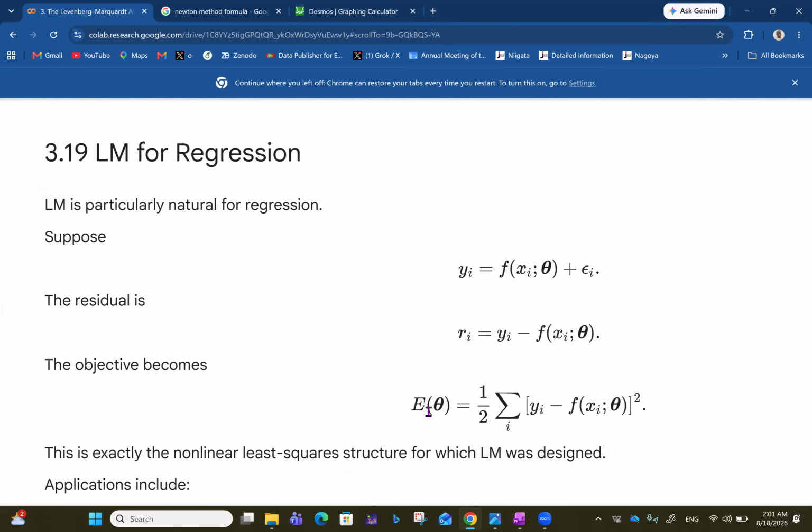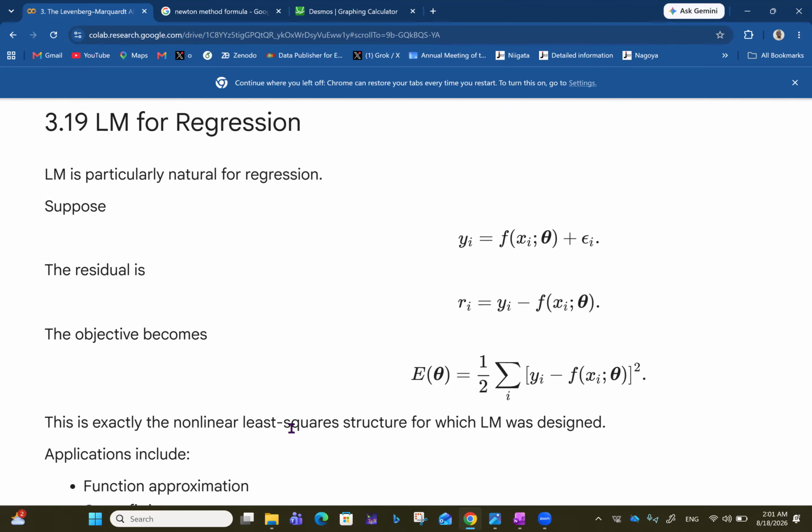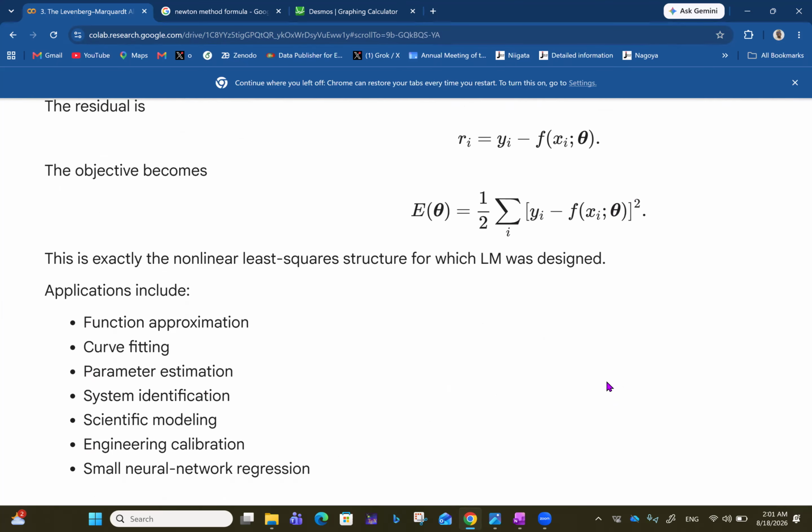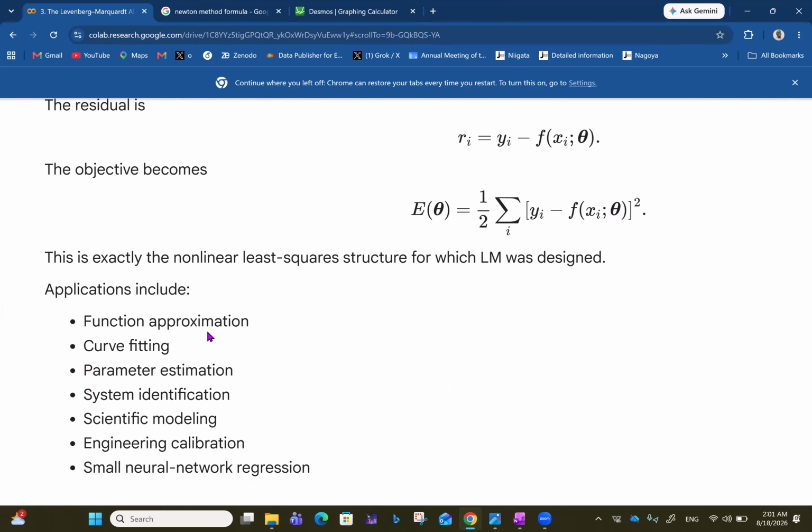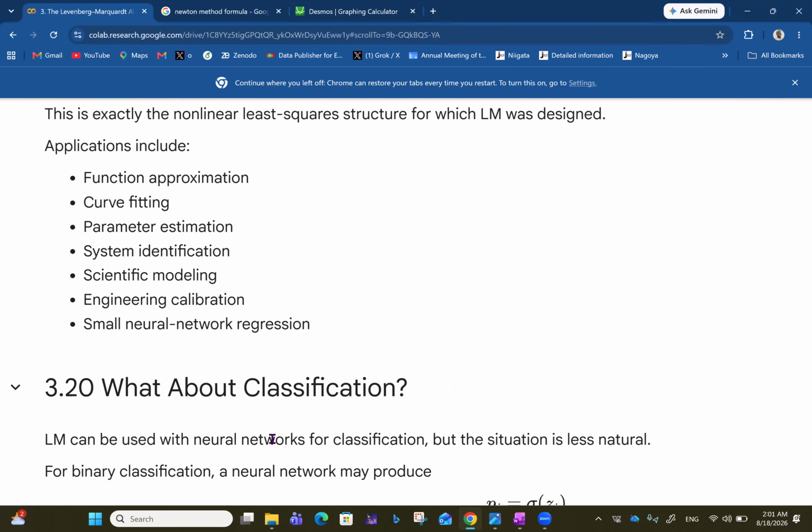So the objective becomes E of theta, that's the loss, 1 over 2 summation over i of y_i minus f of x_i, theta, all squared. So this is exactly the non-linear least squares structure for which LM was designed. Applications include function approximation, curve fitting, parameter estimation, system identification, scientific modeling, engineering calibration, and small neural network regression.